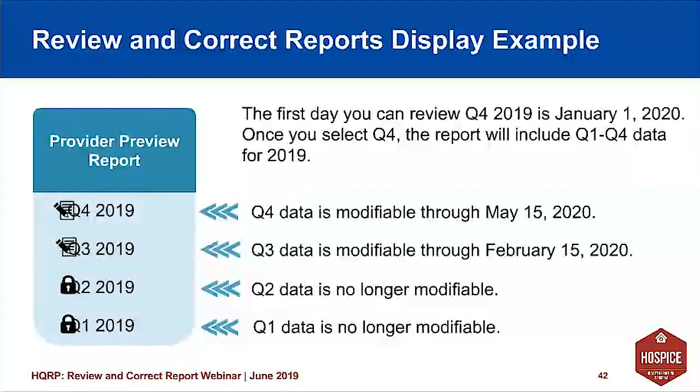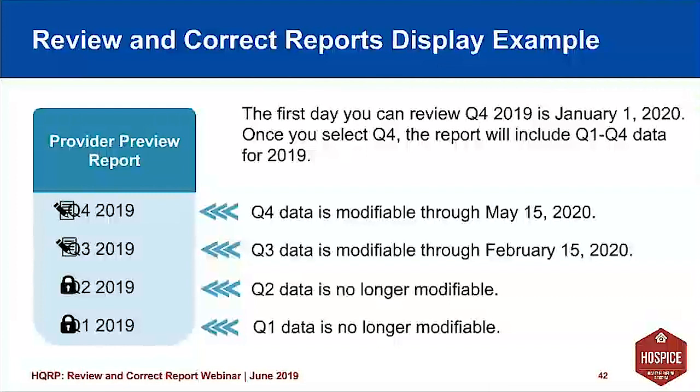And once you select quarter 4, so as we said, these are available and run based on a user-selected end date. So if the end date you selected was quarter 4 of 2019, the report would then include quarter 1 through quarter 4 data for 2019.